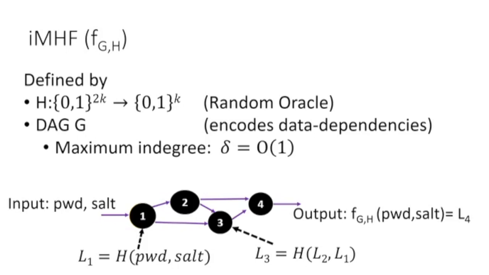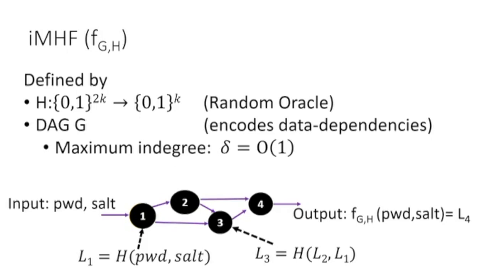So in particular, the first label is just the hash of the input, the password and the salt. Then an intermediate label is the hash of its parent labels, right? So to compute this label, I'm going to hash this value and this value and hash them together, and that gives me label 3. Then to compute label 4, I'm going to take these values, hash them together, and that gives me label 4. All right, so that's basically how a data-independent memory hard function works.